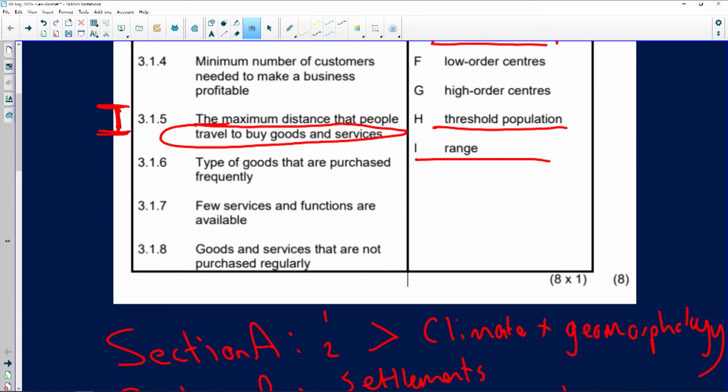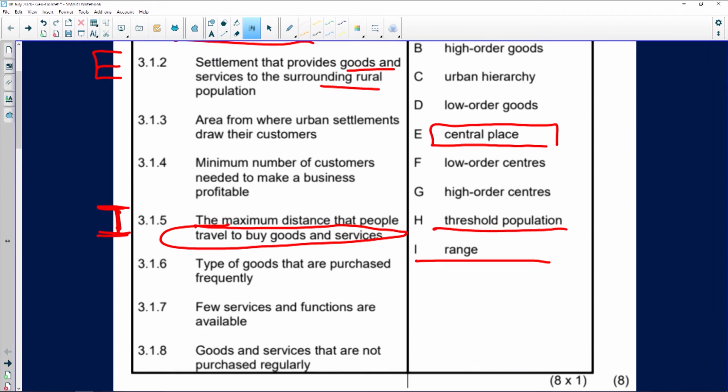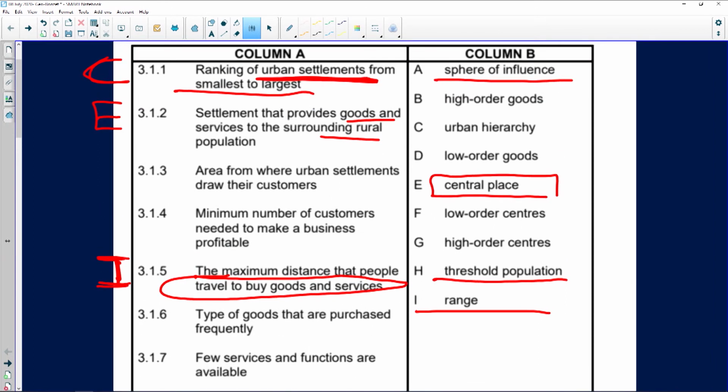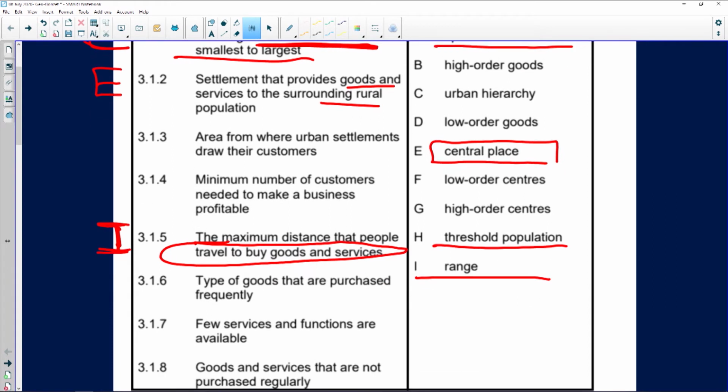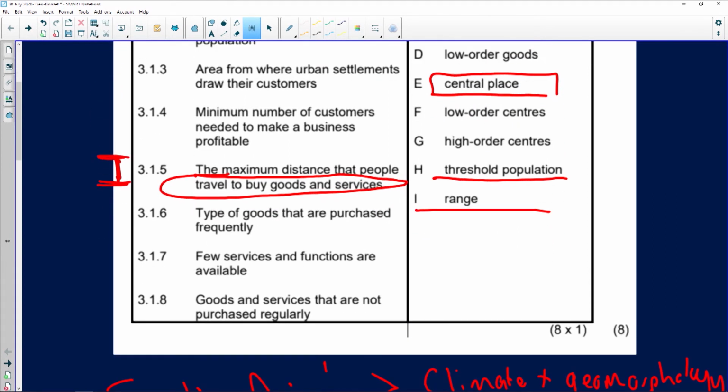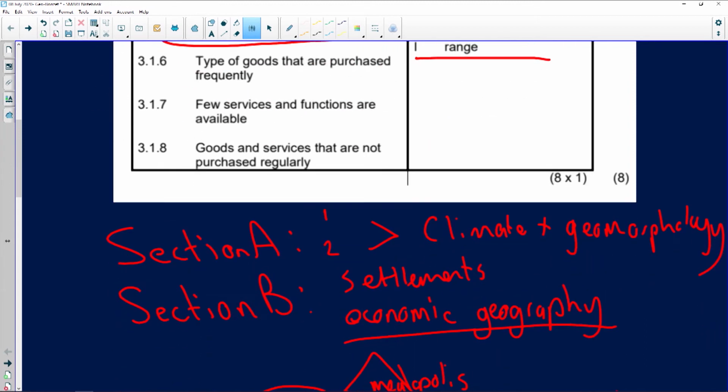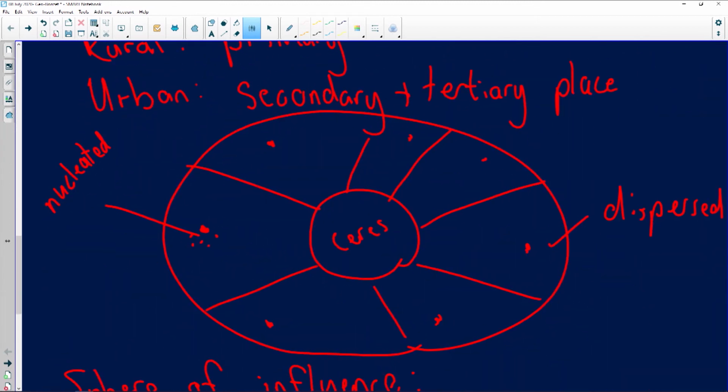Now, if we go back to the question, an area from where the urban settlement draws its customers. The correct answer over there, let's go back to Ceres.